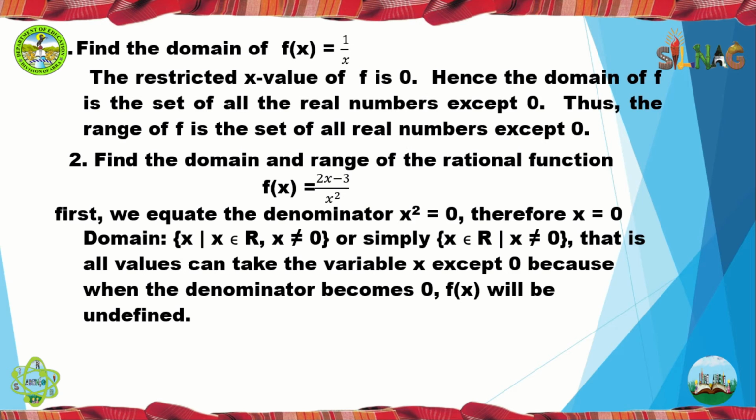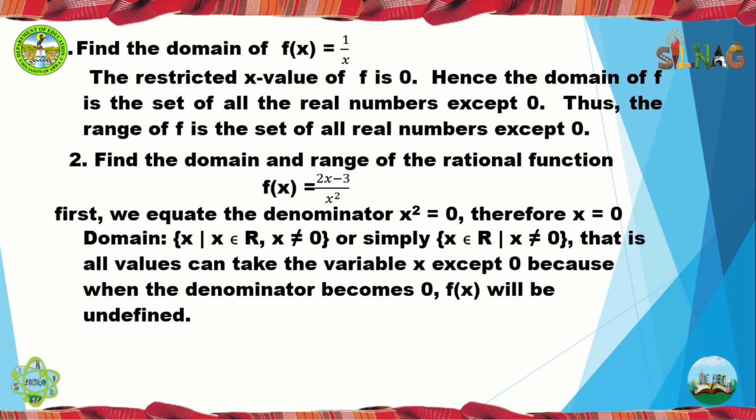Number 2. Find the domain and range of the rational function f of x is equal to 2x minus 3 over x squared. First, we equate the denominator: x squared is equal to 0. Therefore, x is equal to 0 by extracting square root.